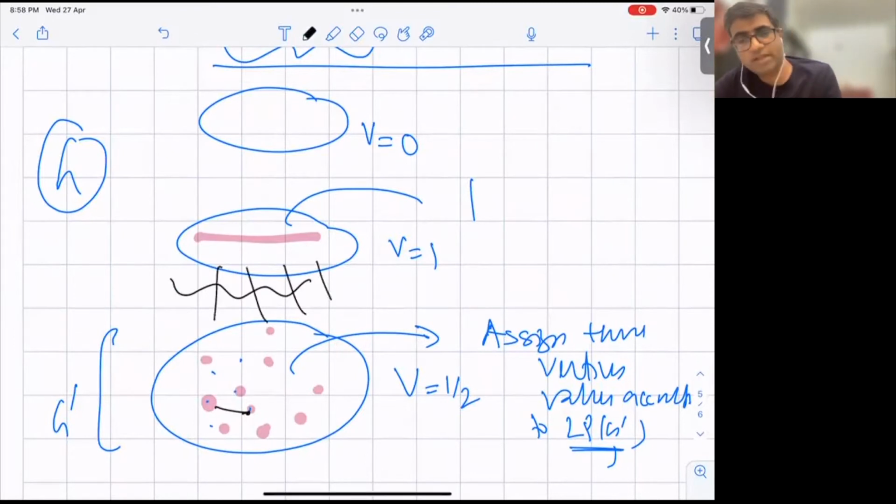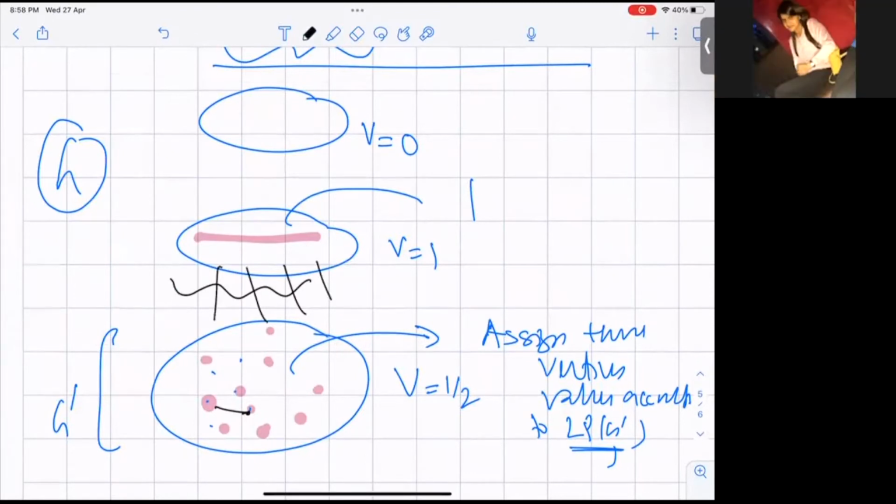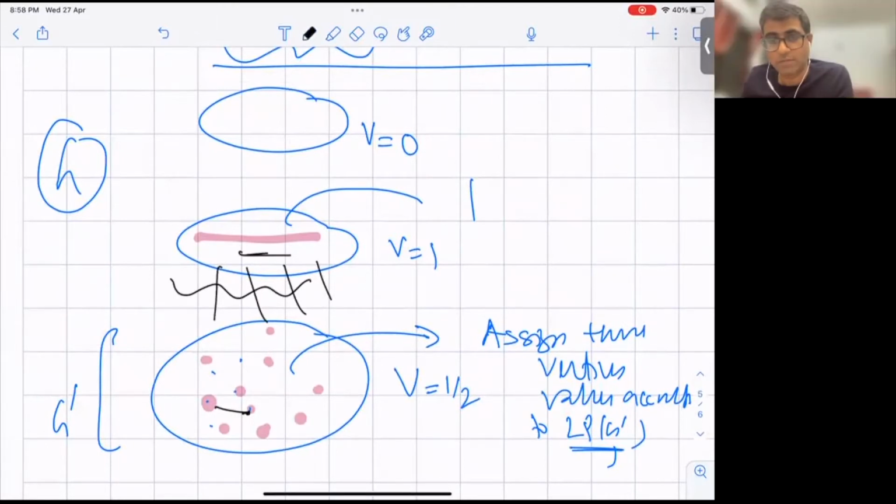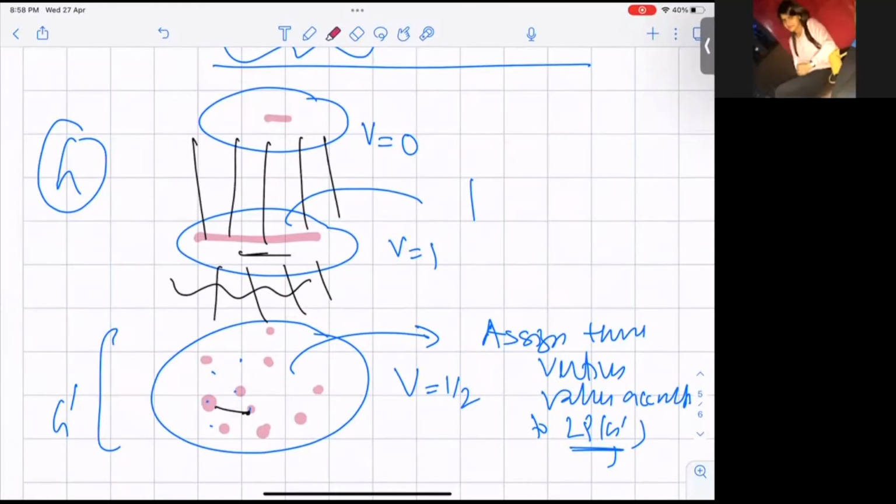What is their value? Greater than or equal to 1. What is the value here? Greater than or equal to 1. But what is the value here of an edge? There is no edge.